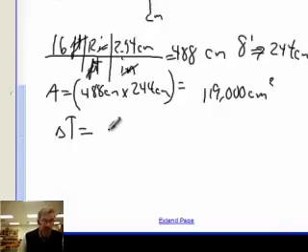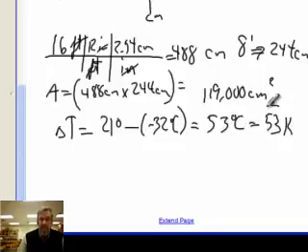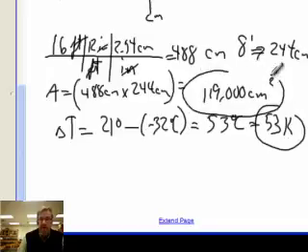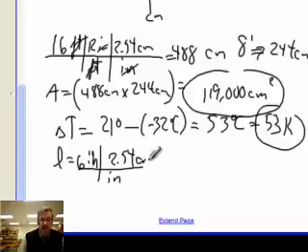And let's get delta T here. Delta temperature is 21 degrees C minus a negative 32 degrees C. Well, that comes out to be 53 degrees C or 53 Kelvin temperature difference. So there's area, there's delta T. Let's get the length. Length was 6 inches, and every 1 inch is 2.54 centimeters.